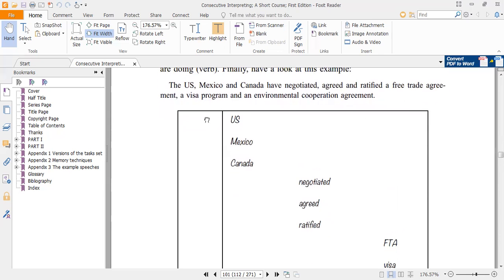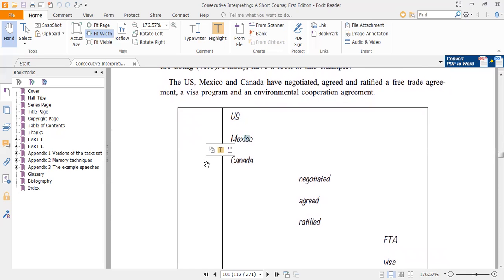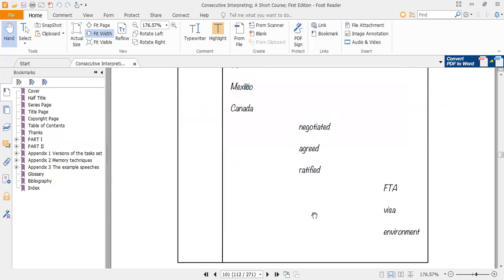This is the first part of the subject, the second part of the subject, and Canada is the third part of the subject, and they are written on the right below each other. Regarding the verbs, we can write them in the middle. This is the first verb, negotiated. The second verb, agreed. Ratified is the third verb, and they are listed in the middle as you see.